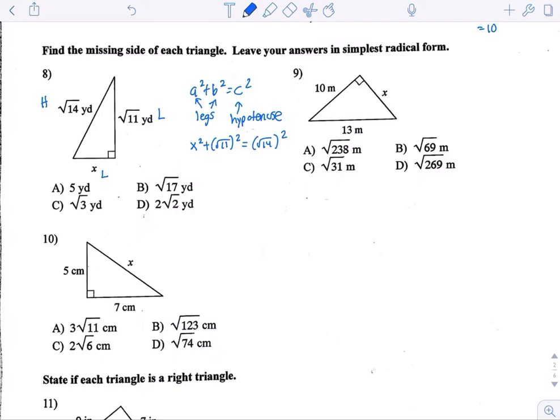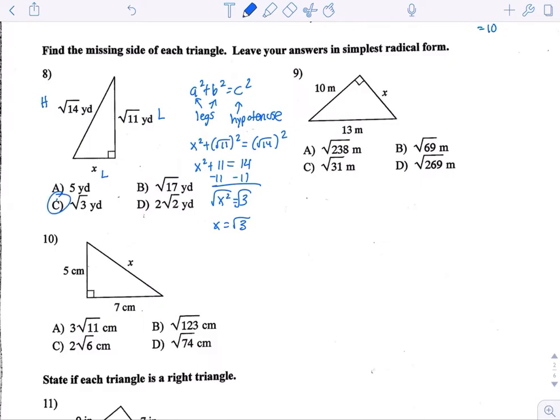Now you guys, the inverse of square rooting is taking it to the second power. So we're just going to have x squared plus 11, because the square root and the second power cancel. Equals, same thing for here, 14. Subtract both sides by 11, x squared is equal to 3. Square root both sides, x is going to equal square root of 3.